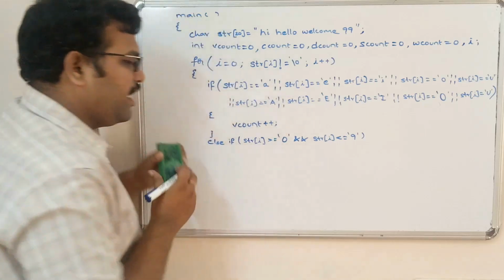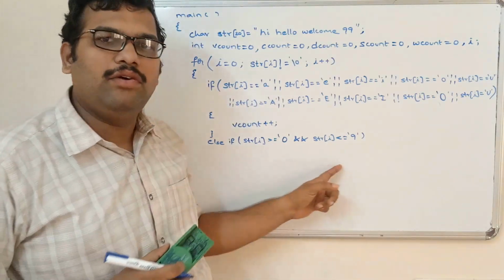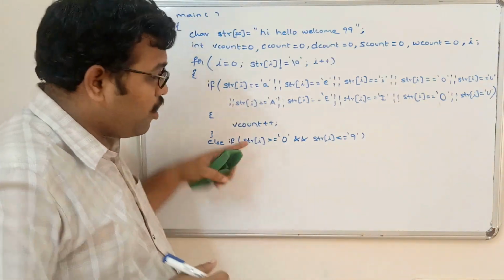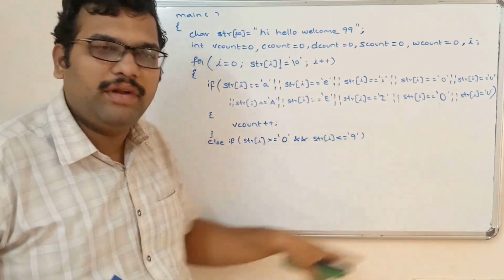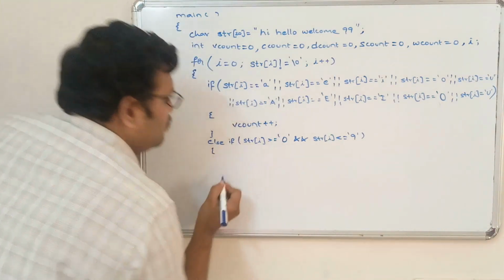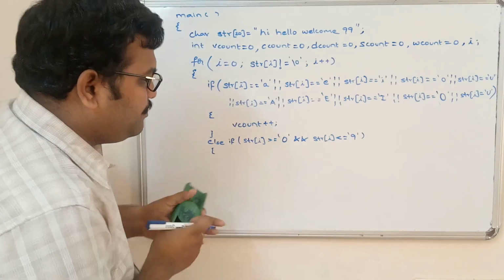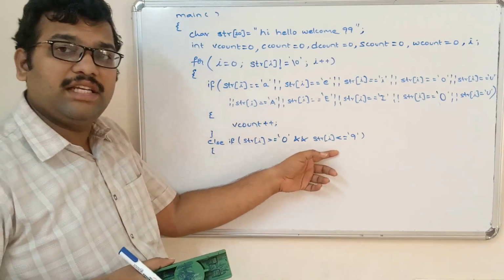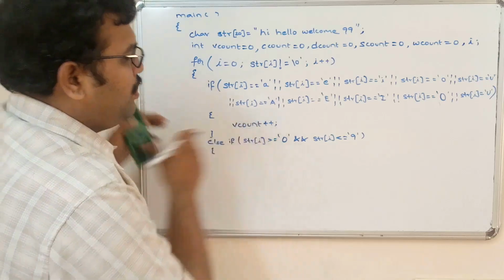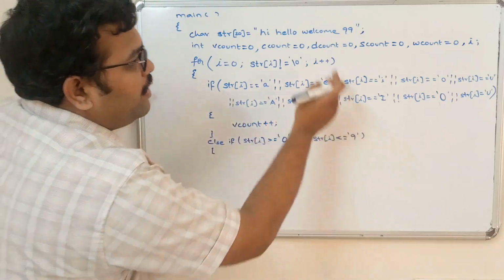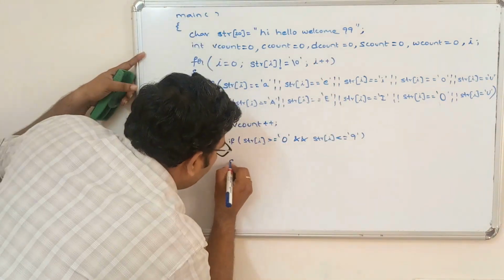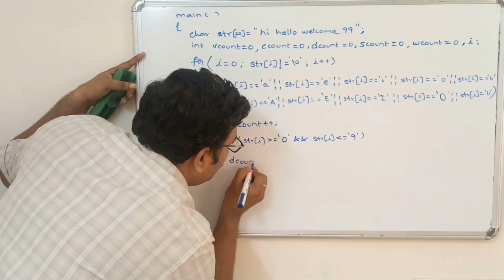That means if the character is greater than or equal to 0 and less than or equal to 9, and this condition is true, then we have to increment the digit count.